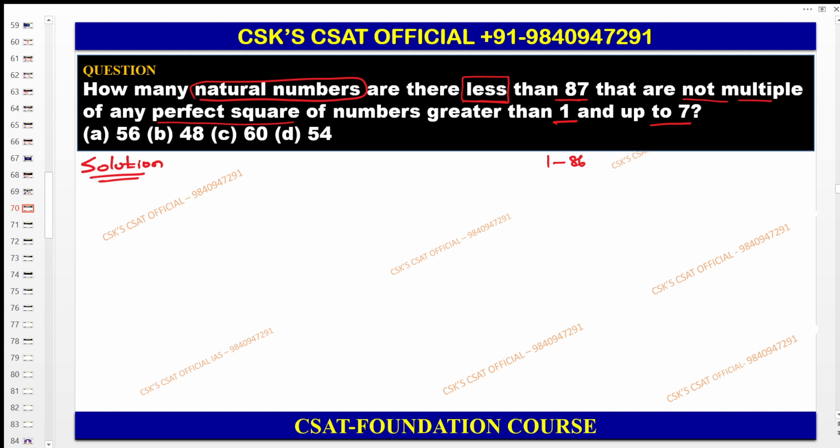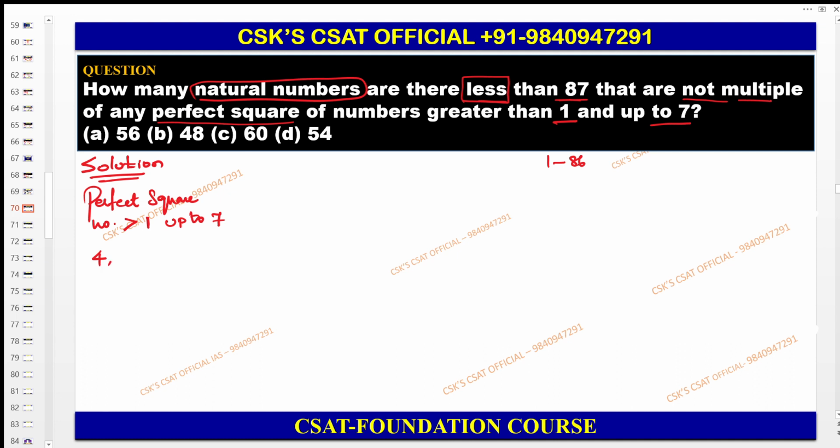So what this question is dealing here is, first of all, you need to know about the perfect square number which is greater than 1, right? The keywords please note down: perfect square number greater than 1 and up to 7. So what are those? You can say 2. What is 2 square? 4.